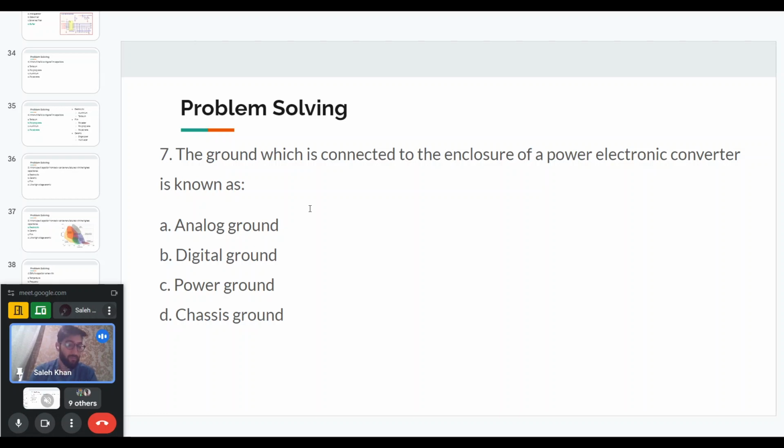It can have any voltage between them, while the digital circuits will usually have some fixed voltages between 0 and some 3.3, so they will only change in these blocks. You will not have a constant voltage level between them. So that is what separates digital ground and analog ground. And then the chassis ground is actually what is connected to the enclosure.